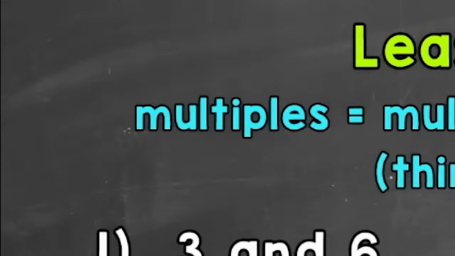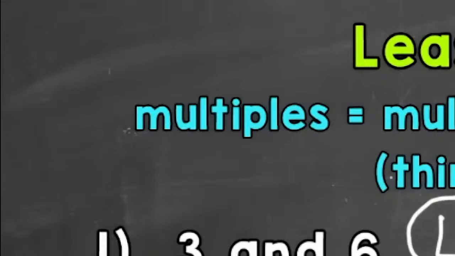We have 12 in common, and we also have 6 in common. But we want the least, so 6 is the least common multiple between 3 and 6. I'll put LCM, which stands for least common multiple, equals 6.